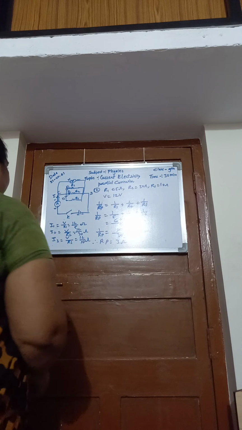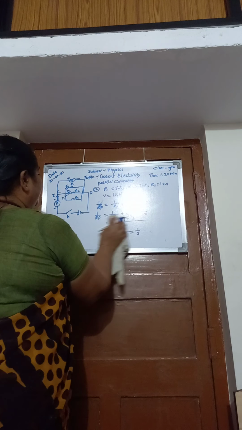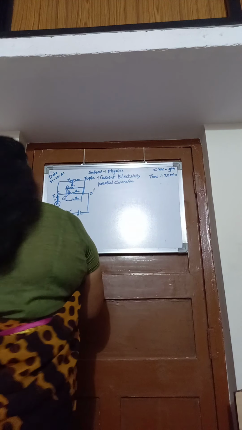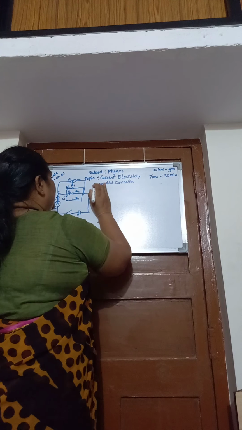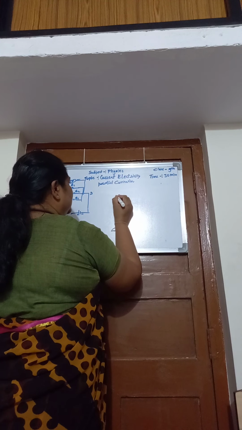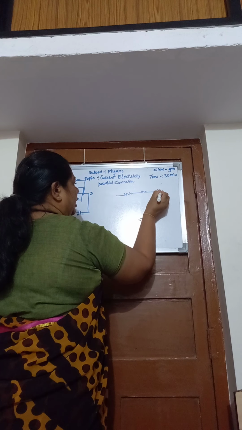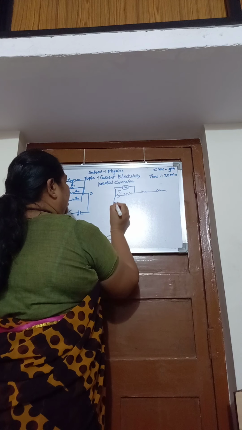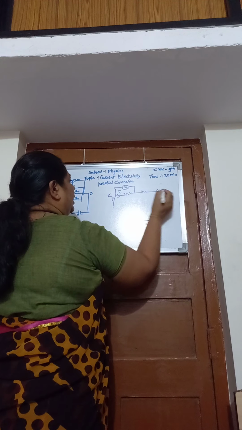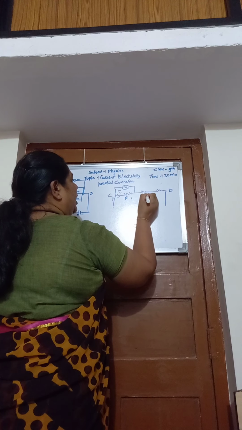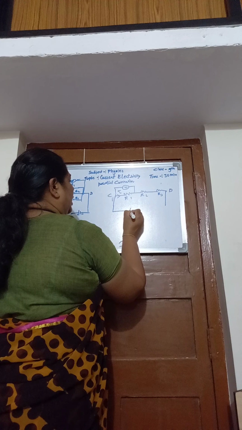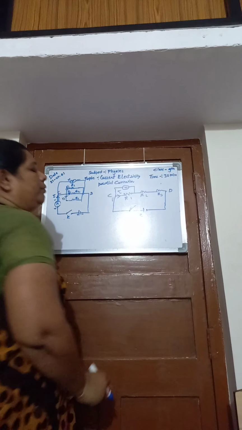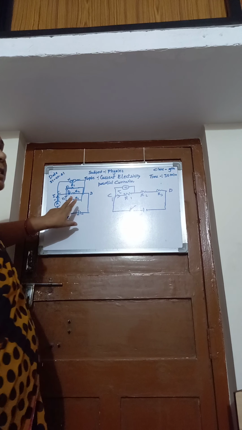Then we will see the difference between series connection and parallel connection. What is the difference between them? I am drawing here. This is the parallel connection diagram. This is the series connection, current is same, R1, R2 and R3. This is the summary.